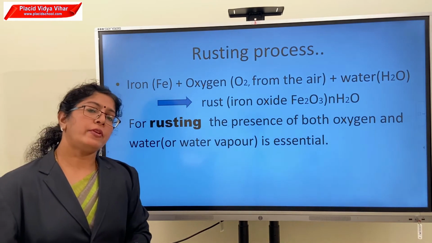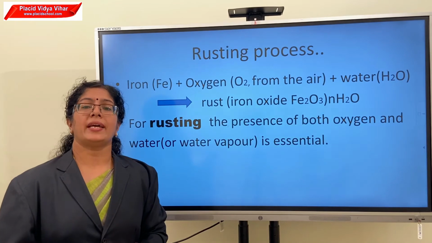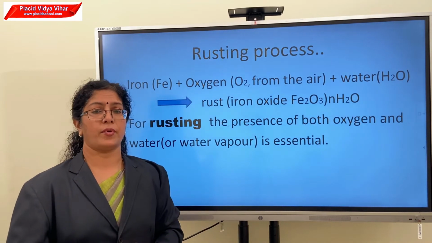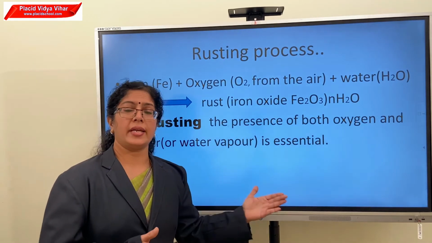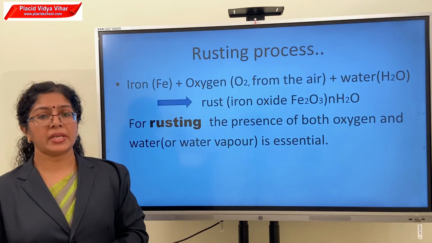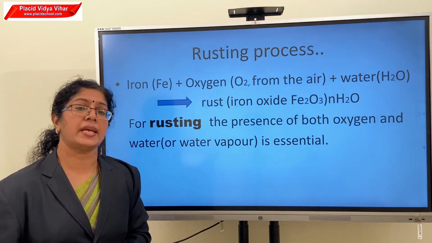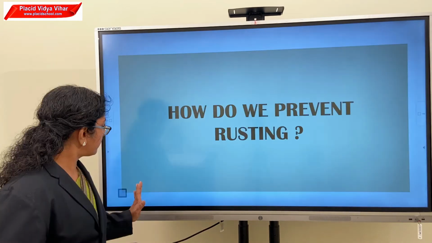So if we want to prevent the process called rusting, we have to keep the iron objects away from coming in contact with oxygen, water, or both. So by preventing them from coming in contact with these two factors, air (oxygen) and water, we can prevent rusting.